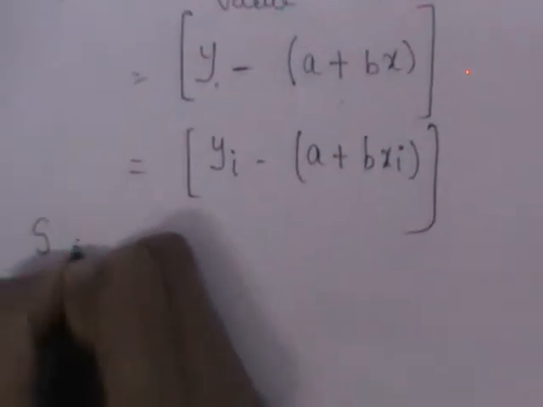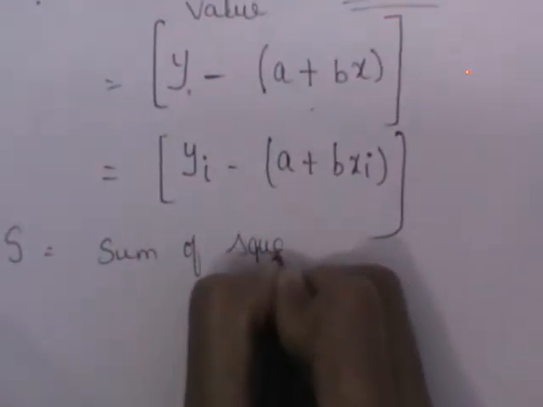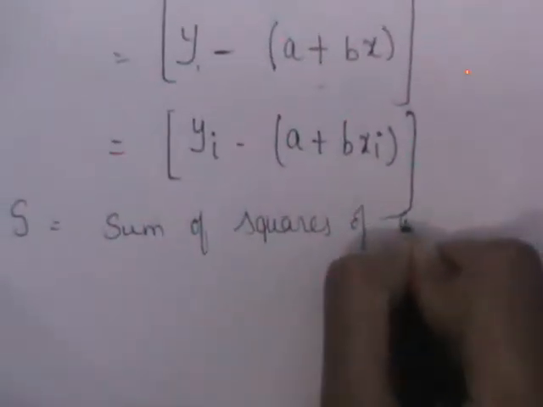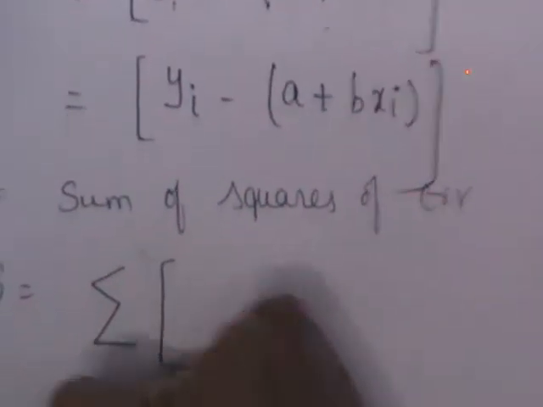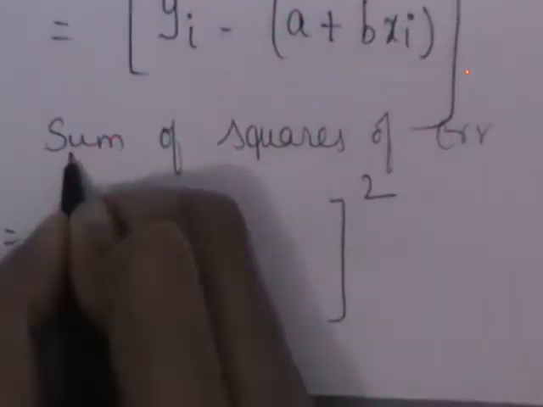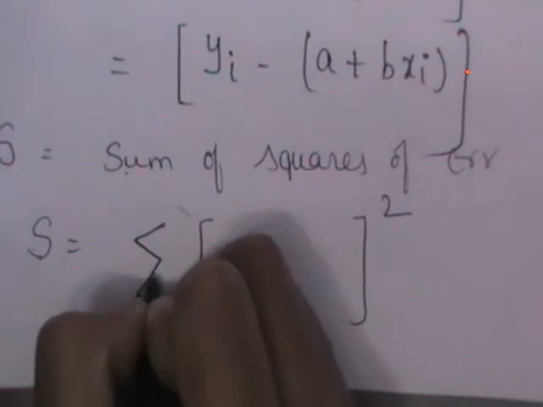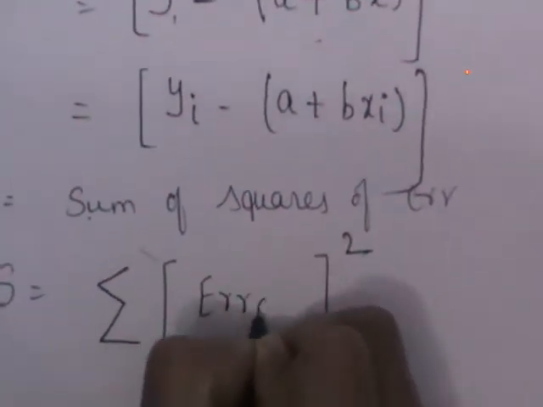Let S be the sum of squares of error. Sum we denote with sigma, and then we take the square. Here you should take the error.